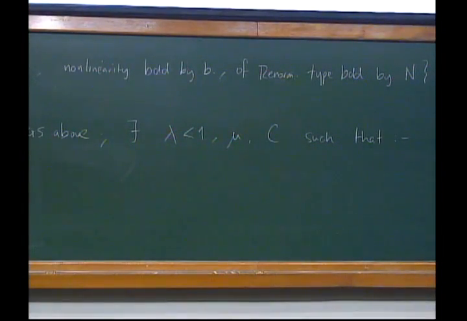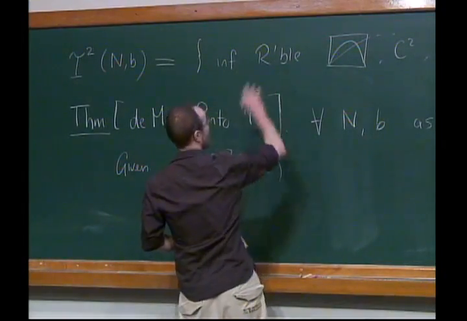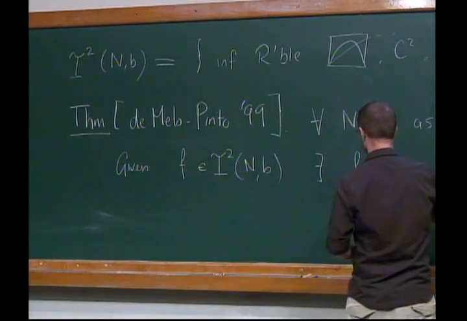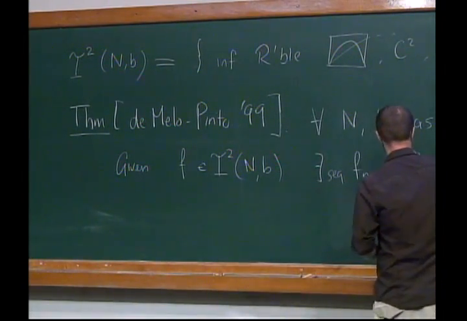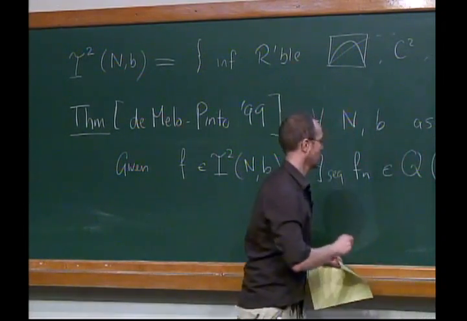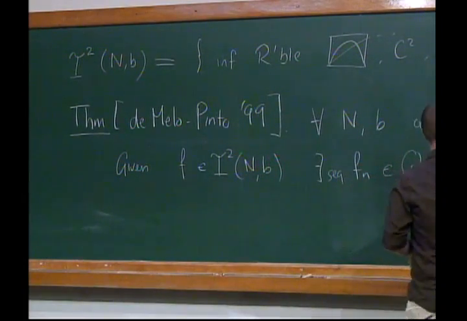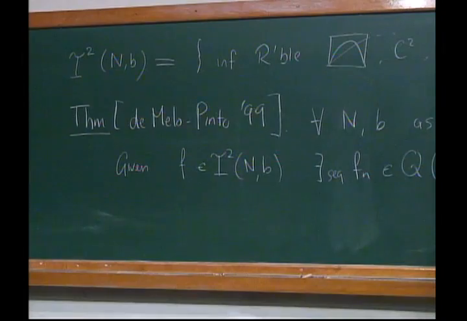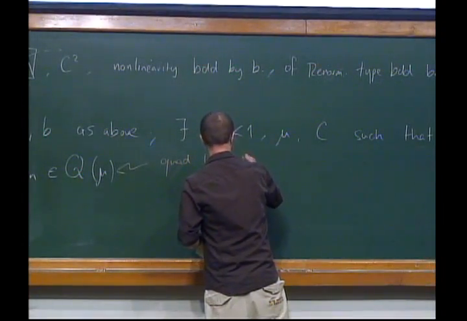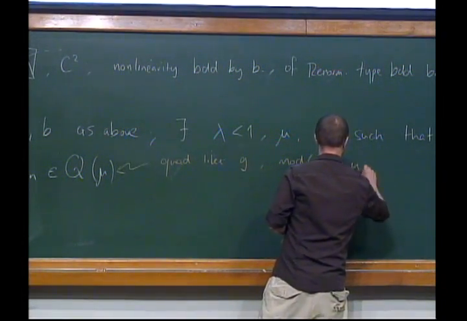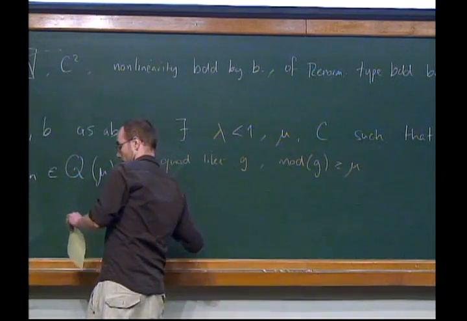So if we take a map f in this space, then there exists a sequence of quadratic-like, so I should say what this space is. This is the space of quadratic-like maps where the modulus is greater than or equal to this number mu, okay, such that the following two properties hold.